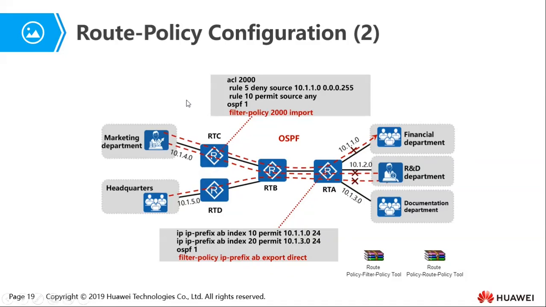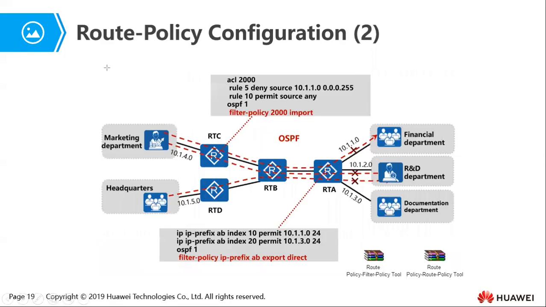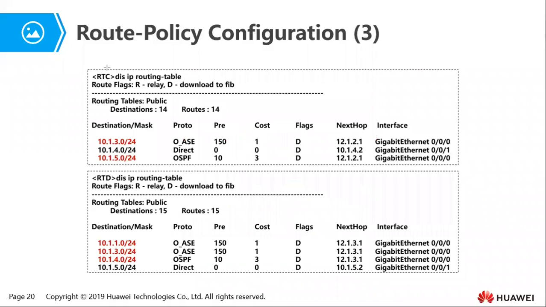Okay, so if we look at the marketing department routing table, RTC is the marketing department. RTD is the headquarters. So we begin with the routing table for RTC. Due to those configurations that we've done, the only external route that RTC is going to learn about is this one, .3, which is for the documentation department.